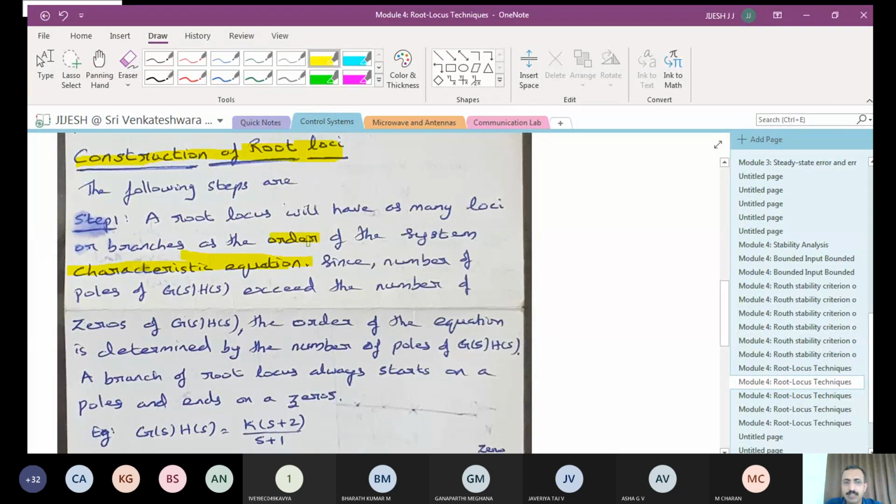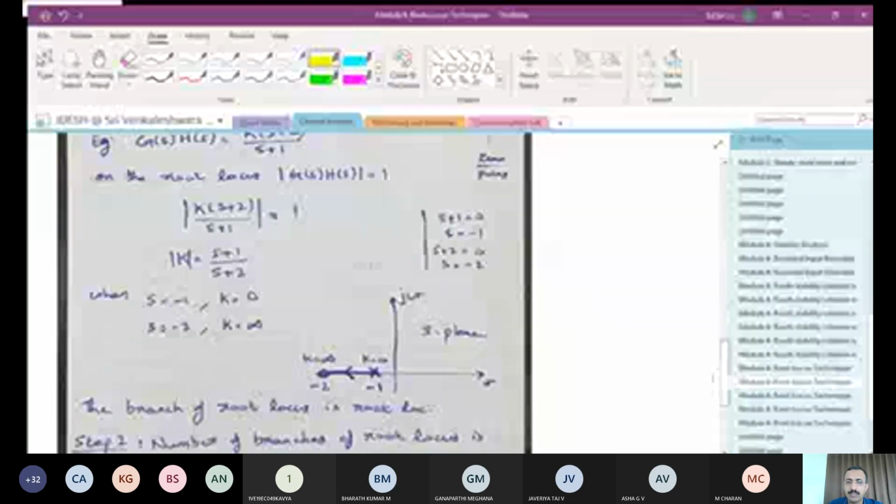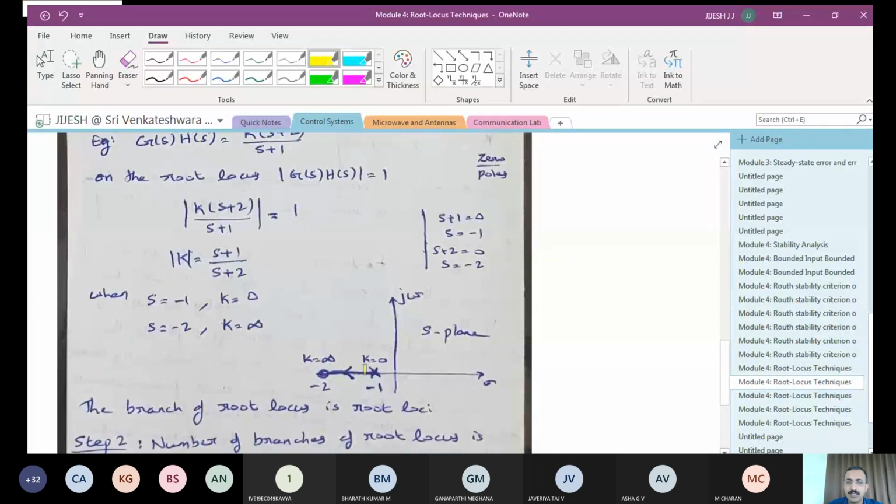If it is a first order system, it will have one branch. If it is a second order system, it will have two branches. I will tell you what all the branches are. Here you can see this one portion where you have moved from the pole towards the zero, this arrow mark, is called a branch.